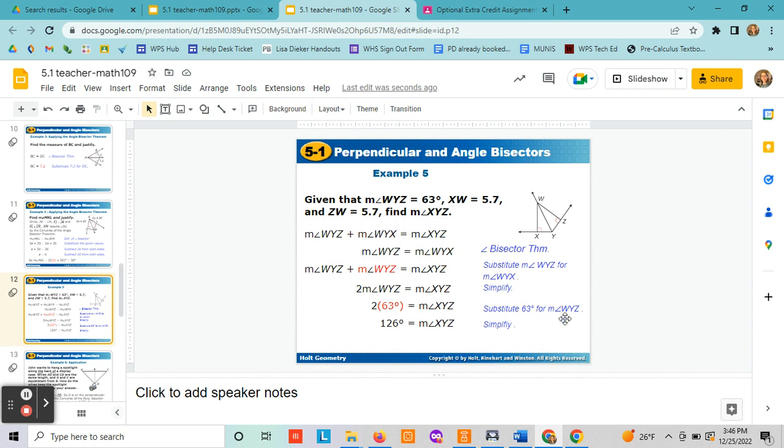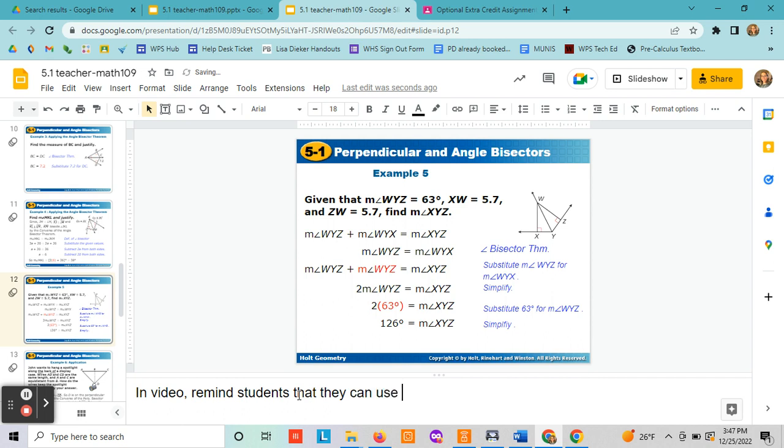And this one I also want to note, this is not necessarily a common student error, but it is something that I've noticed people are grinding through proofs because they've forgotten about this important theorem that we proved at the start of the year. I'm going to say in the video, remind students that they can use the half angle bisector theorem as well.